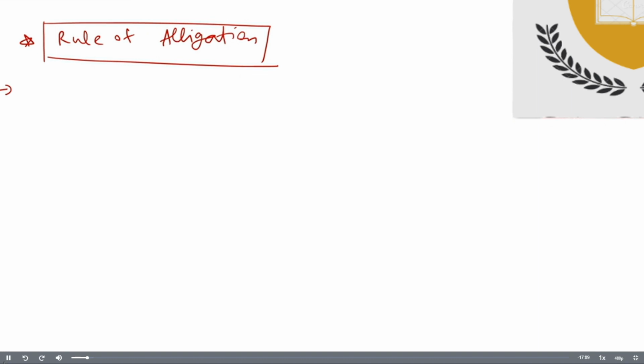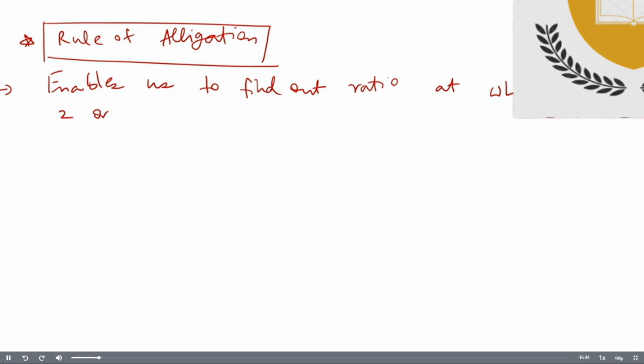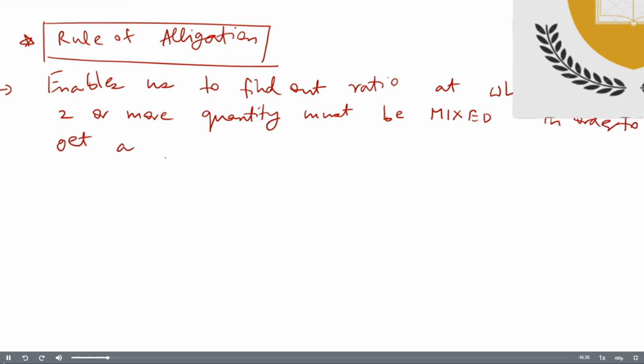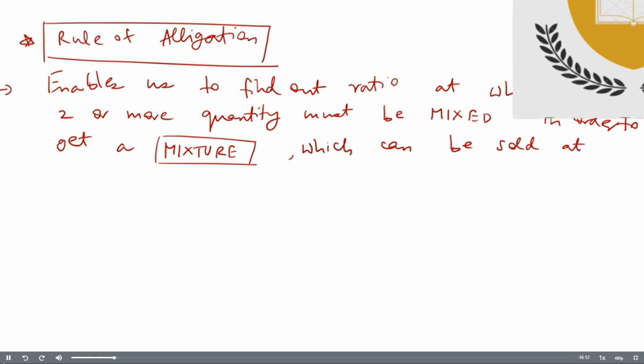Please learn this properly. Rule of allegation means this rule enables us to find out the ratio at which two or more quantities must be mixed in order to get a mixture which can be sold at a desired price.